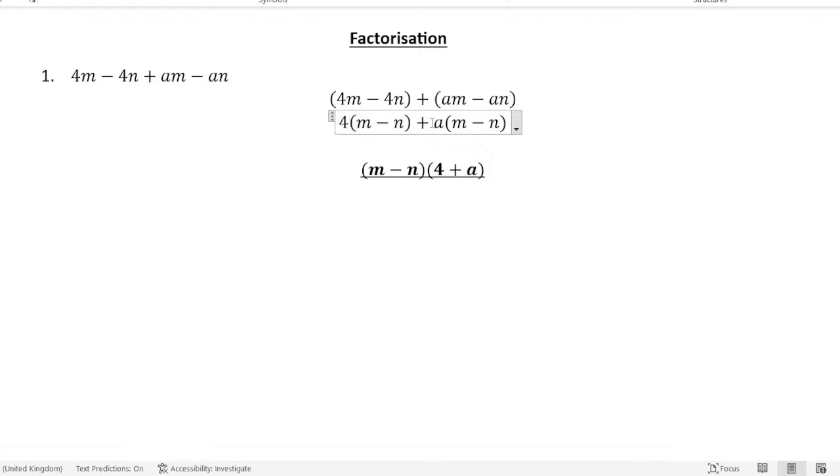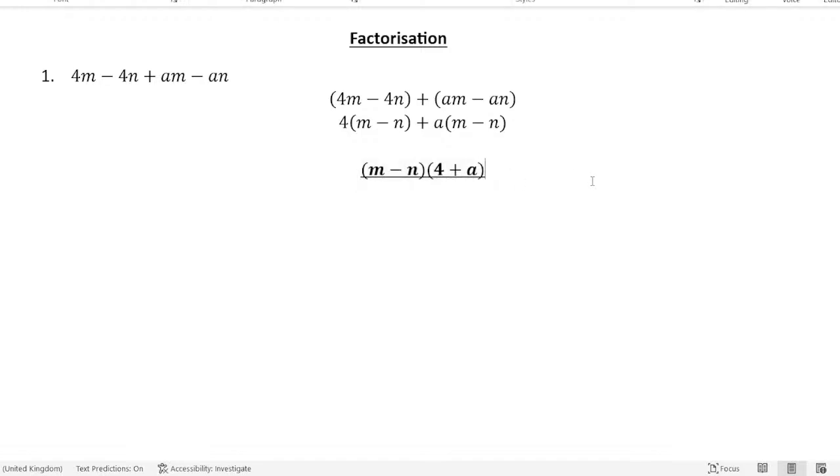On the next term we took out a and were left with m minus n. Then we noticed another common factor, m minus n. We took out m minus n and were left with 4 plus a. So this is fully factorized.